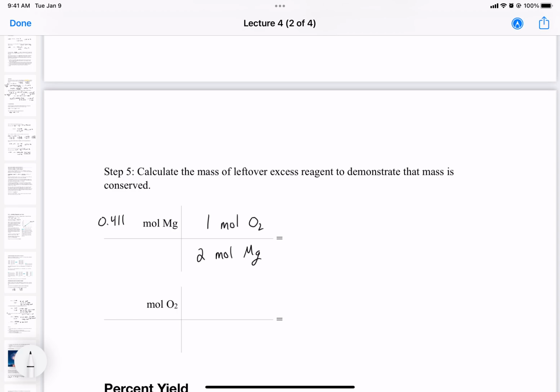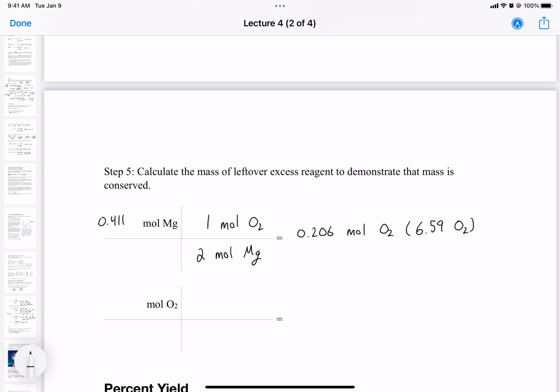Okay? So this will give us 0.206 mole of oxygen. So this is how much oxygen will be consumed. Okay? And if we multiply this by the molar mass, we will get 6.59 grams of oxygen.